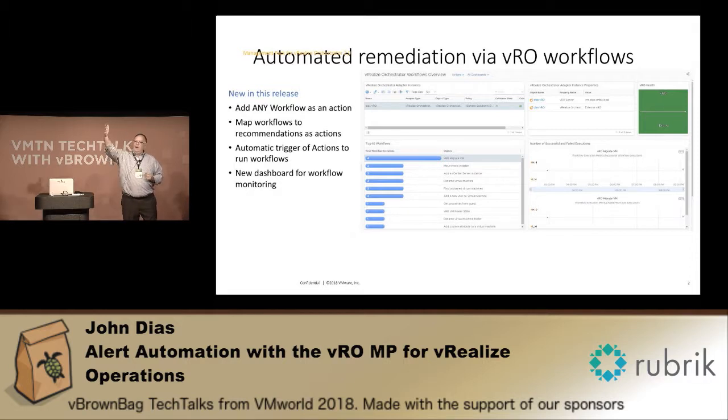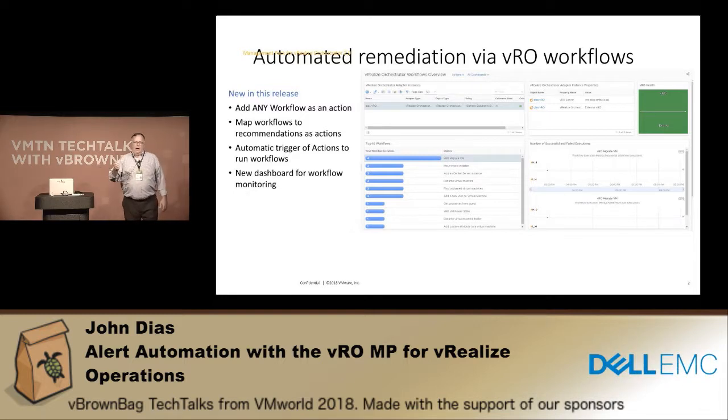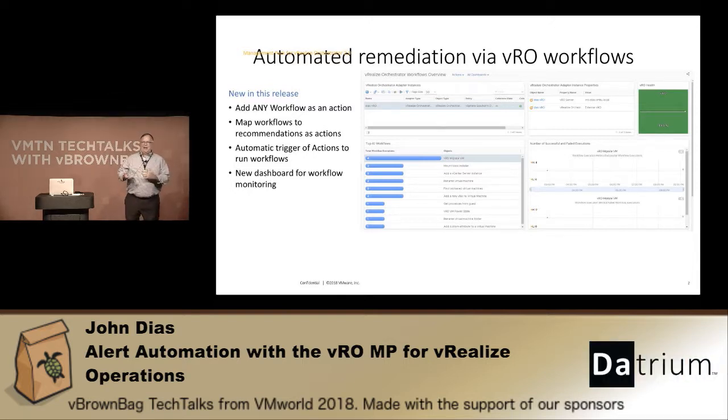You click that, and it'll go out and run that and email your report back, or whatever that action is that you want it to do. And then we can automatically do it so that when the alert gets fired, the workflow just automatically runs in Orchestrator.